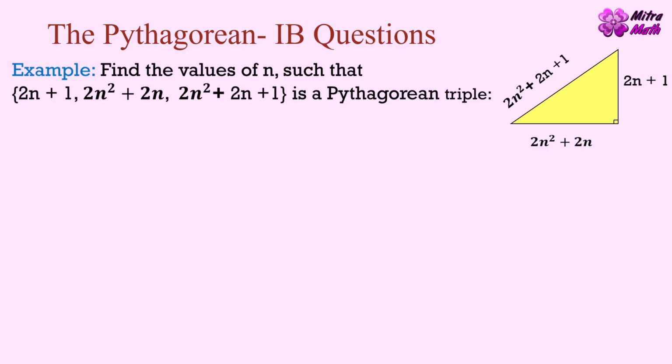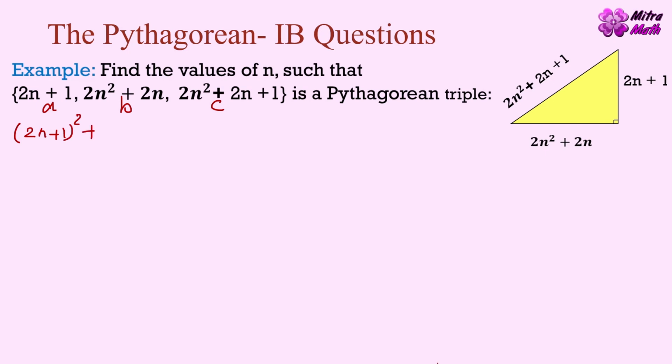So this one is A, B, and C. Usually they are arranged based on A, B, and C, most of the triples. So let's raise them to 2 based on the formula. A squared would be (2n plus 1) to the 2.